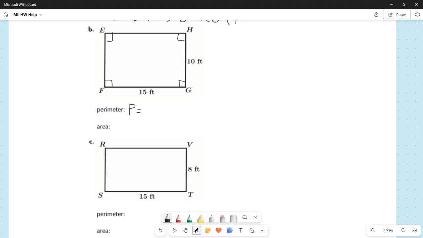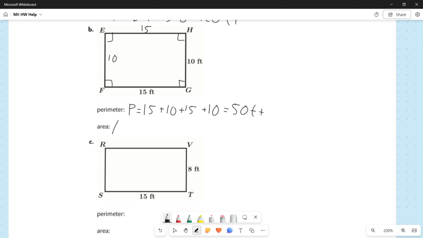So we'll start at the bottom this time. We've got 15, and go to the right, we've got 10. Now, assuming that this is a rectangle, opposite sides of a rectangle are congruent, which means this is also 15. So we've got another 15, and the left has to be 10. So if I add this up, I have two 15s and two 10s. So we once again get 50 feet for my perimeter.